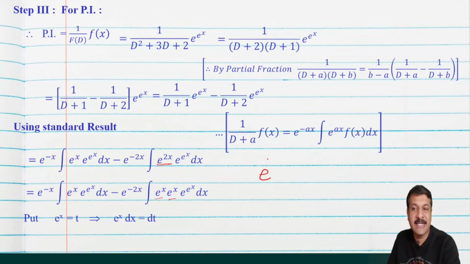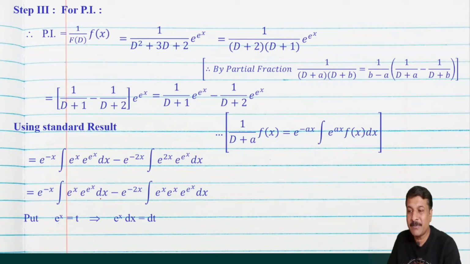If suppose e raised to any function, not simply x, then it is a substitution. So here the problem itself suggests that the substitution is e raised to x, and that is why I am splitting this e raised to 2x into e raised to x, e raised to x. So e raised to x equal to t, so e raised to x dx equal to dt, and I already said that you always find space for dt.